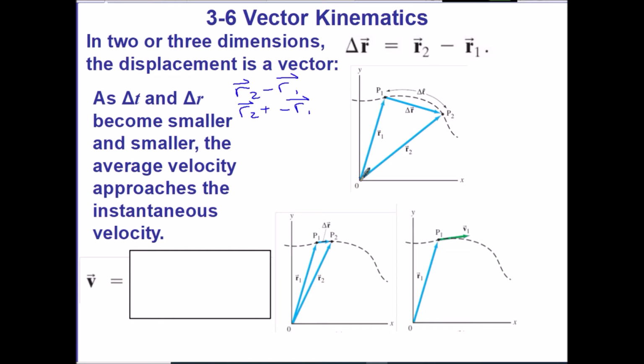So if I want to add two vectors, here's R2, let's go ahead and draw that here. And then I'm going to add to that the negative of R1. I see that R1 points up and to the right. If I were to make that be negative R1 and add it, I would place that tail to tip on R2 and then add them.